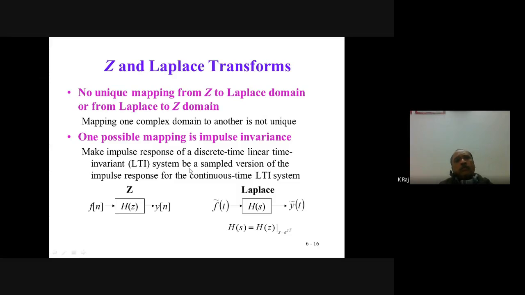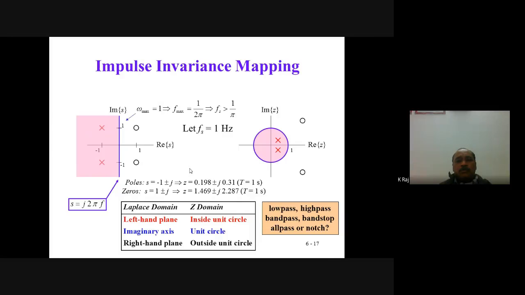So basically there is no proper, unique mapping. During the mapping, we have to make some compromise, and we have also discussed that there are different types of mapping which are used. During the mapping, the main point is that we have to consider the imaginary axis, and the imaginary axis is the condition for marginal stability.